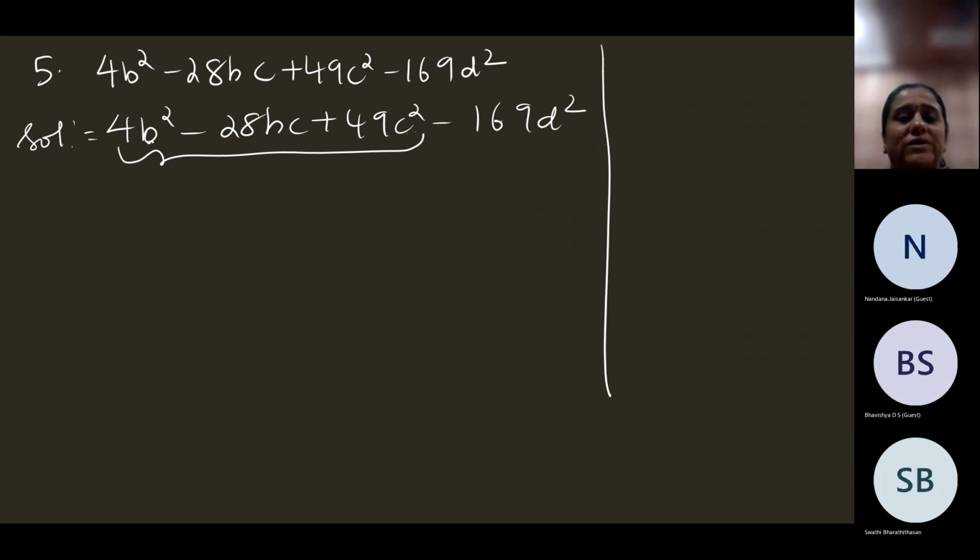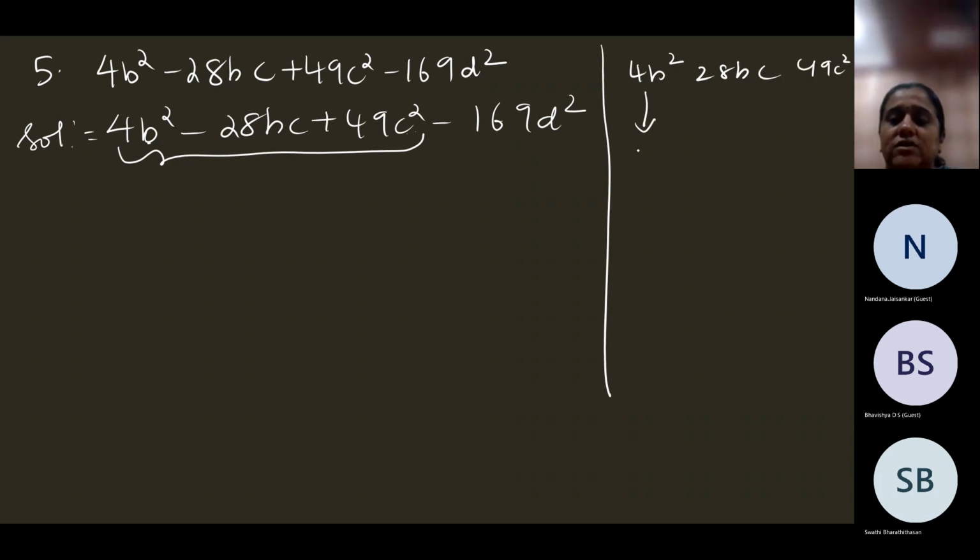If 4b square and 49c square are perfect squares, then the middle term 2xy will have b and c. Let's check the first three terms, forgetting the signs.